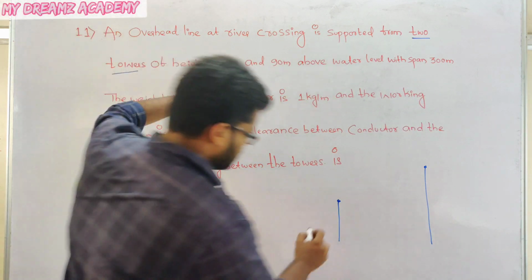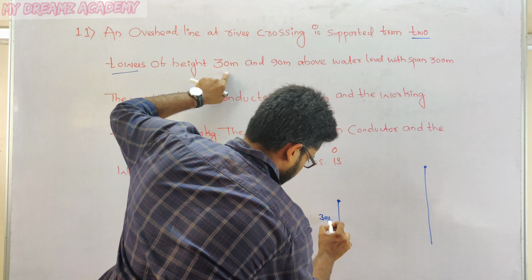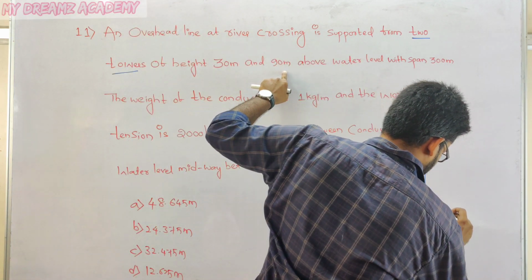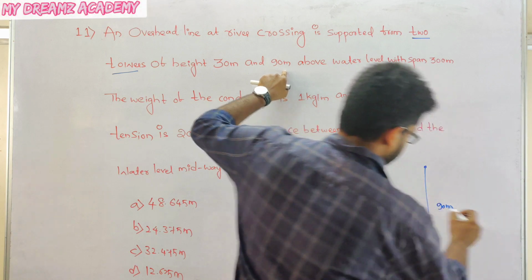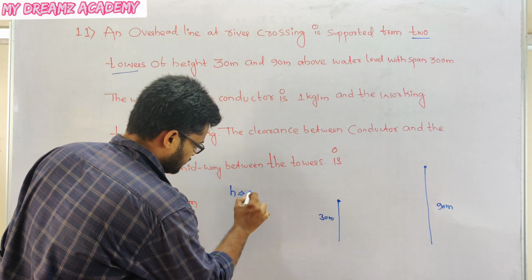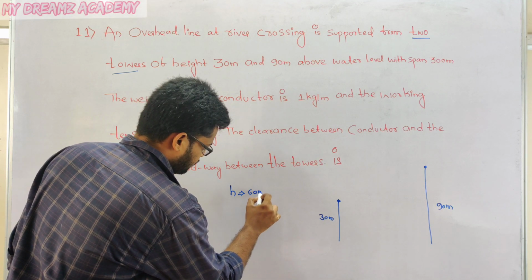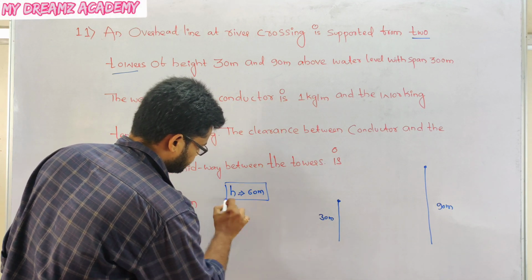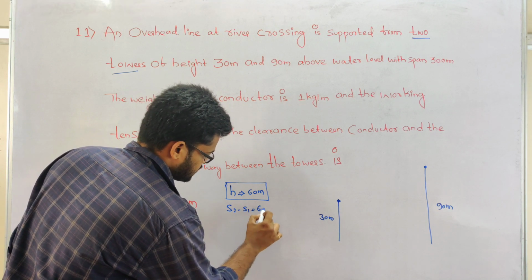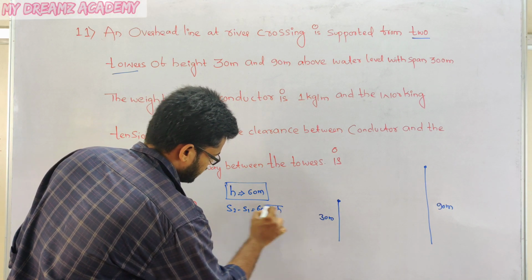The height of this one is 30 meters and the height of the next one is 90 meters. The difference between 90 and 30 is the height, that is 60 meters. S2 minus S1 is equal to 60 meters. This is nothing but the height.